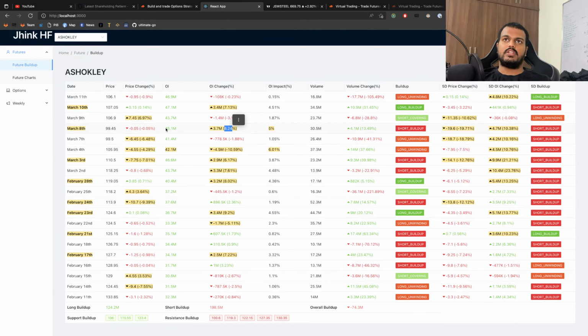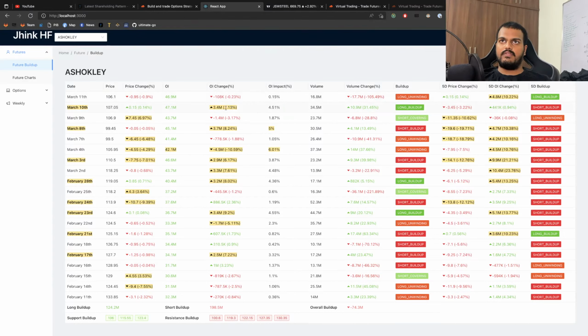OI change, that is from 21 million trades, it has become this one, and it was a short build-up. And immediately the next day, from short build-up, it has turned to a long build-up, and it has depleted here. And this shorting here, if you're seeing, this shorting is further continuing, is what I am hoping for.